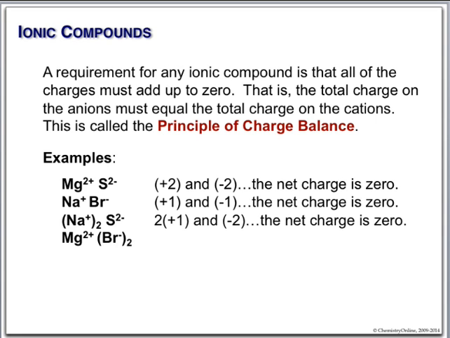And we have magnesium +2, we would need 2 bromine -1s, again to get us to our 0 charge. Principle of charge balance is very simple. The compound that you make must be neutral. Same number of positives as negatives.